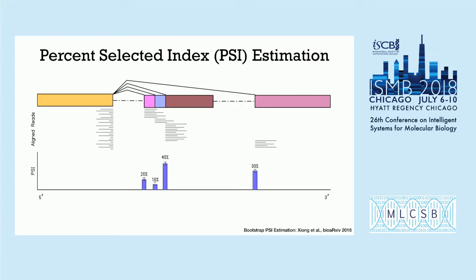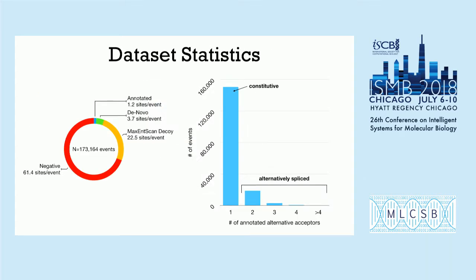In practice, we use a slightly more complicated Bayesian bootstrap method that essentially allows us to estimate the standard deviation. And we're using that as an extra filter to eliminate low confidence events from our data set. So when we put all of this together, we find about 170,000 splicing events that we are putting in our data set.